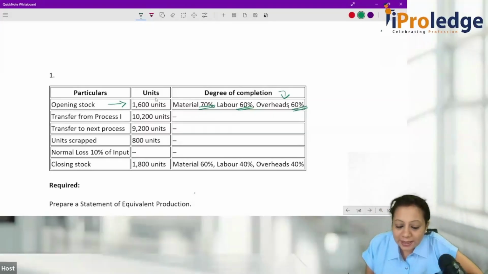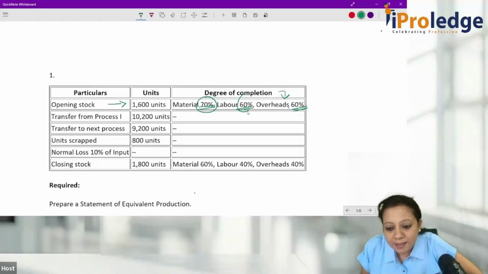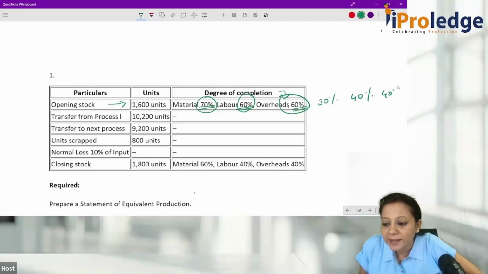Material 70% is completed in the previous process, and 60% labor and 60% overheads are already completed. That means 30% material, 40% labor and 40% overheads have to be completed now. Will you all agree with me?